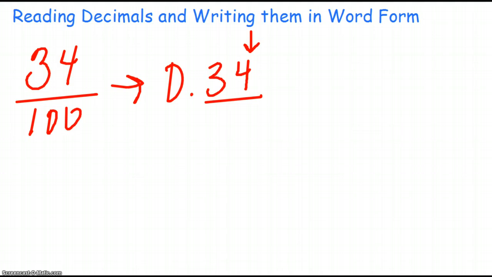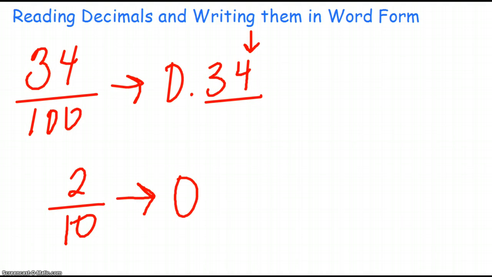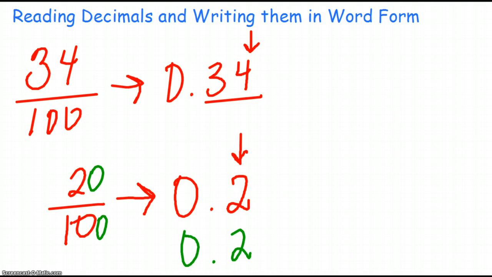Now, if I have a fraction that's a tenth, changing this into a decimal, if it's tenths, I know I'm going to put it in the tenths place. The other thing you can do is you can always change this fraction so that you're working with hundredths if you'd like. So you have 2 tenths, and you would write it as 20 hundredths as well. And either answer is correct.